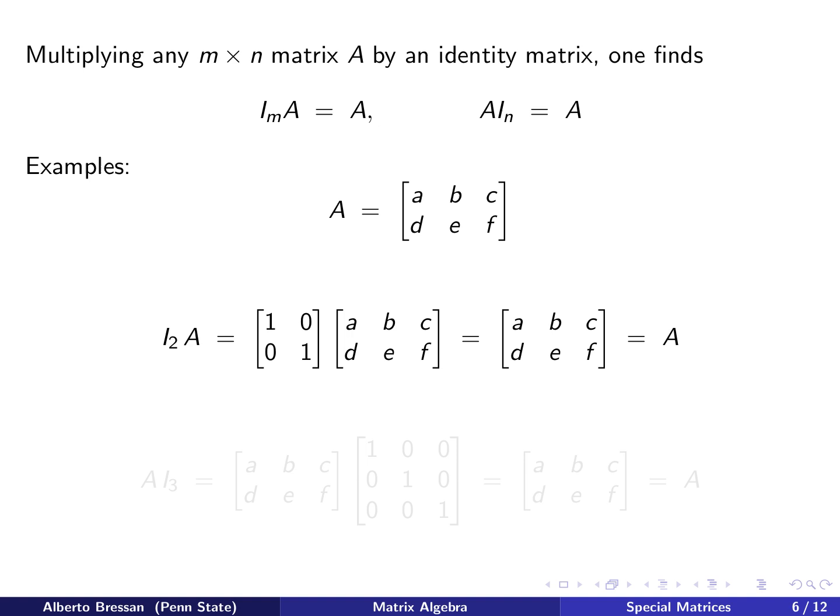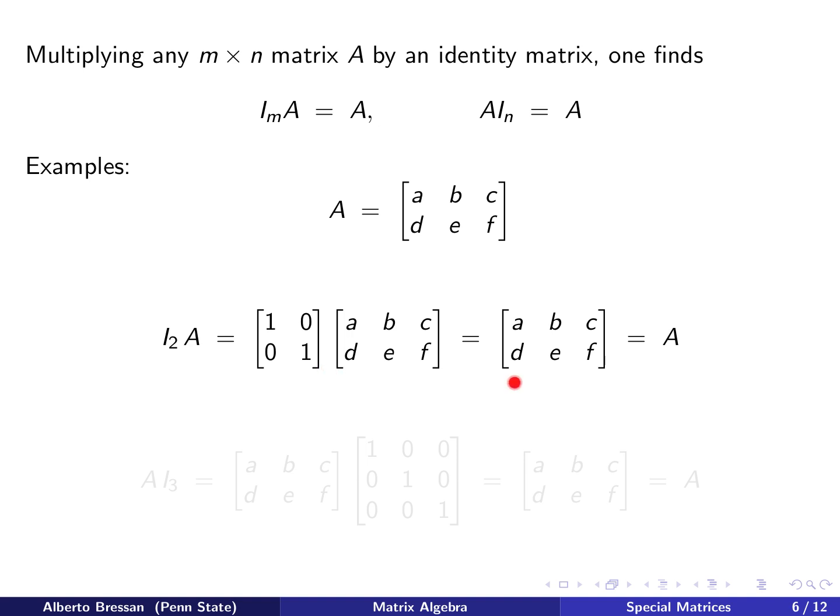One can take a simple example for some small matrix A. Let's say it's 2 by 3. It has the elements a, b, c in the first row, d, e, f in the second row. Let's multiply on the left by a 2 by 2 identity matrix, which is 1, 1 on the diagonal and 0, 0 otherwise. And we carry out this product.